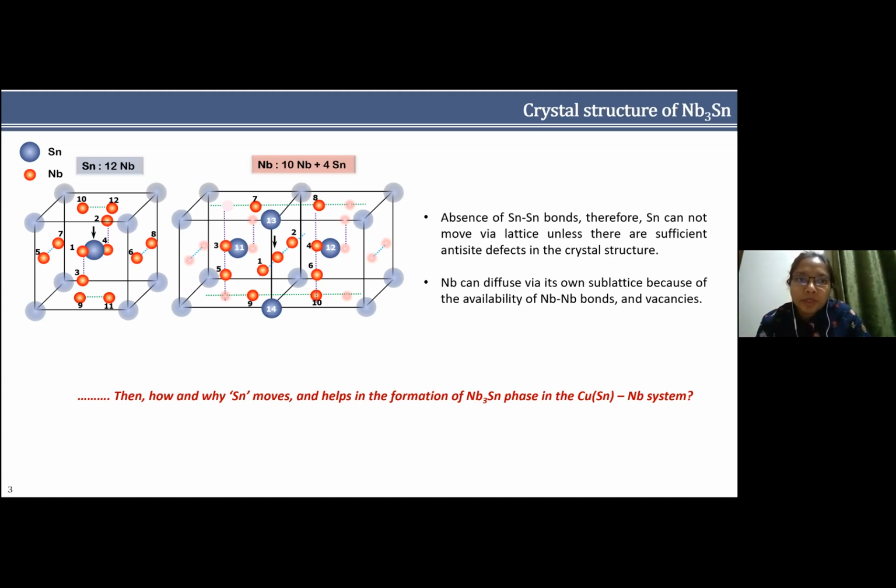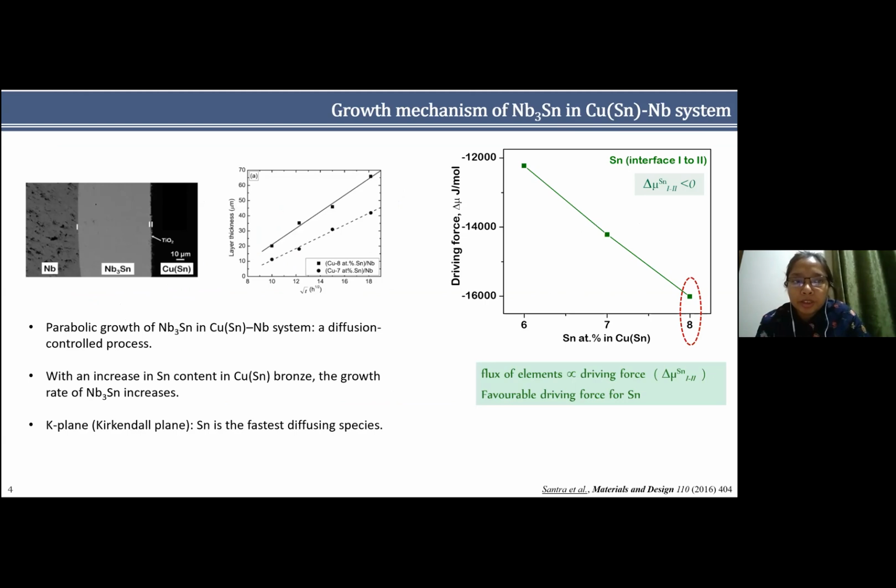For this, we diffusion-coupled a pure niobium piece and a pure copper-tin piece, and then annealed at similar temperatures and times as in the case of the bronze process. There are three key observations we have made.